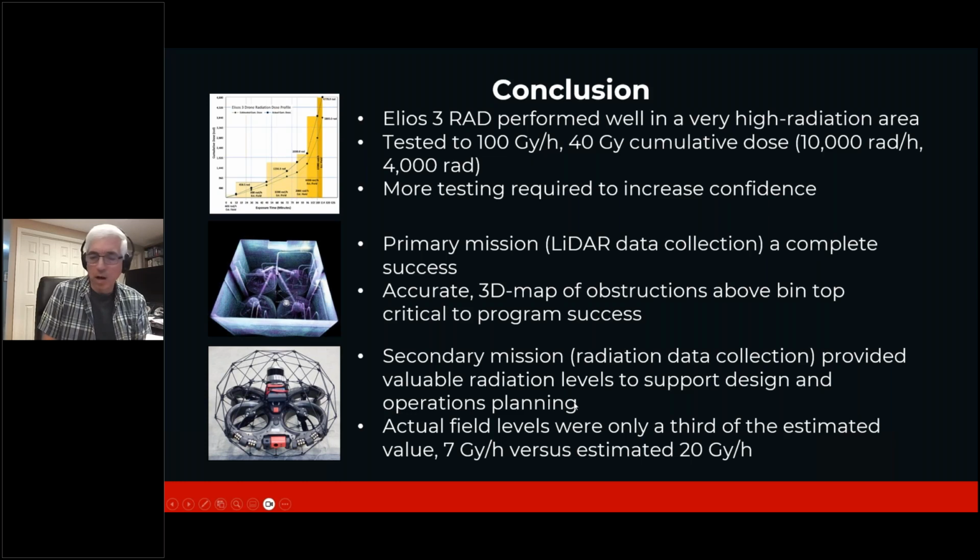It will help us plan our operations based on how long we will allow operators to work above that area. And all of that is based on the data that Elios 3 was able to collect for us. And that's pretty much it.